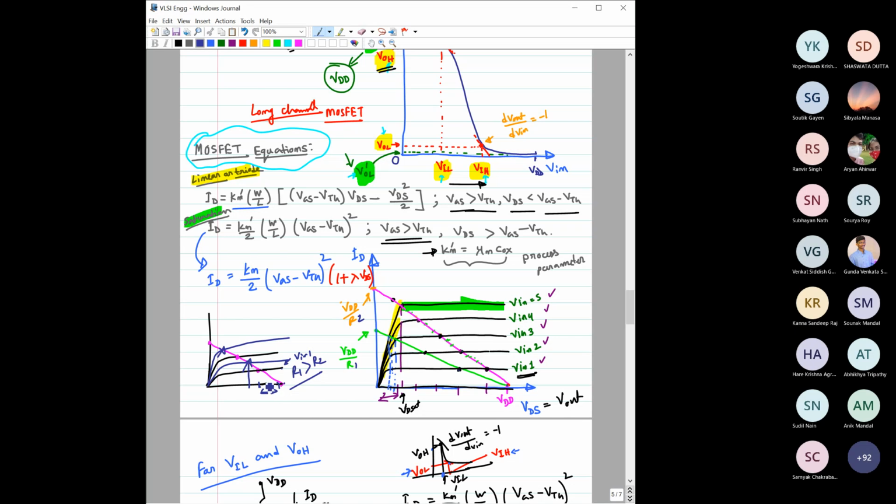But now, for the same thing, see, both lines correspond to V in 1, meaning the same VGS. The only thing is that now you have increased the W by L ratio, so your current has increased and the cross section point has changed. See, the change is now much more compared to the previous one.